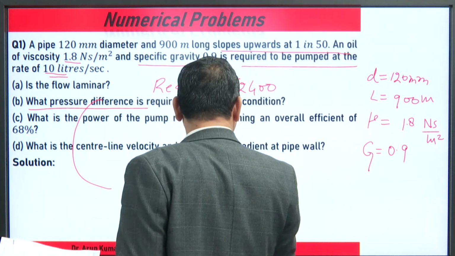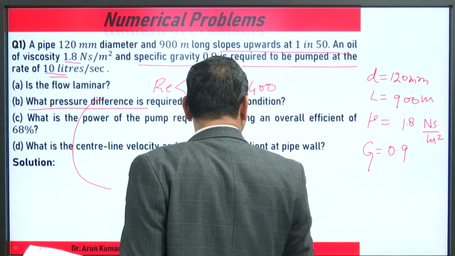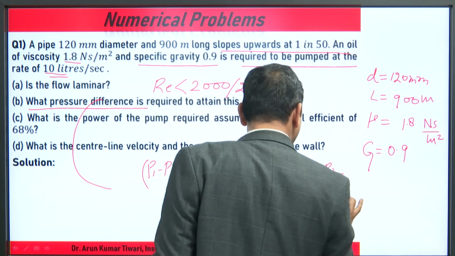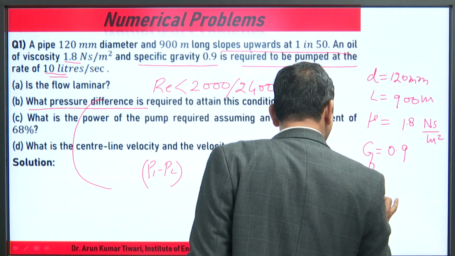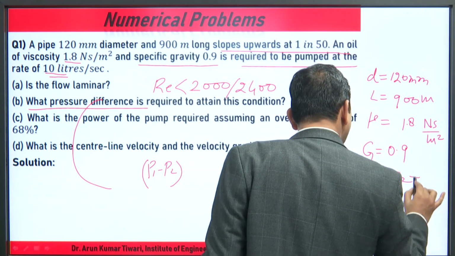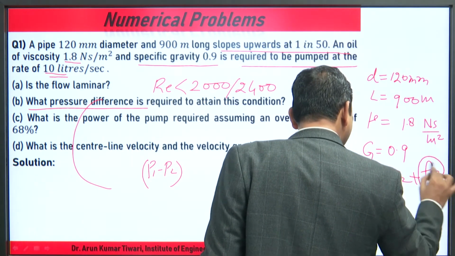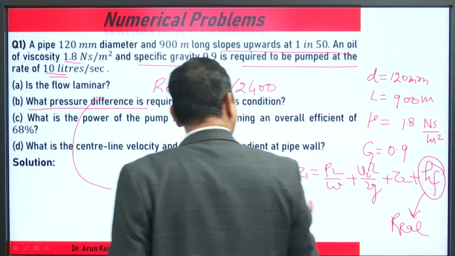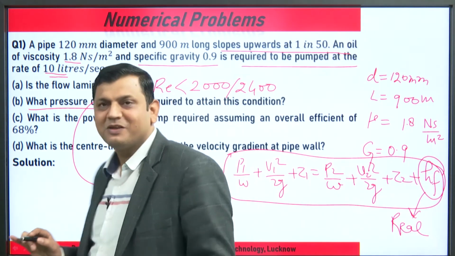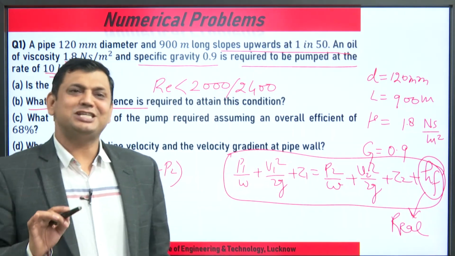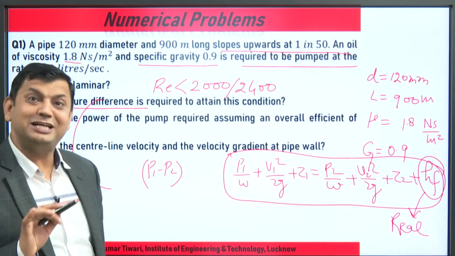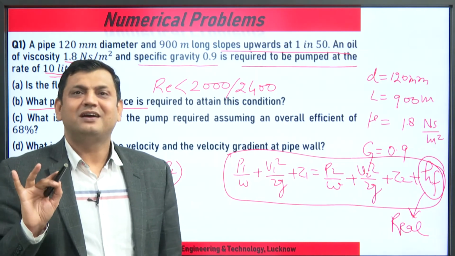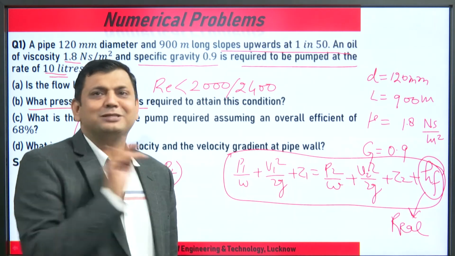P1 upon w plus V1 square upon 2g plus Z1 equals P2 upon w plus V2 square upon 2g plus Z2 plus hf, for a real fluid. Using this fundamental equation, we calculate the pressure difference all the time.